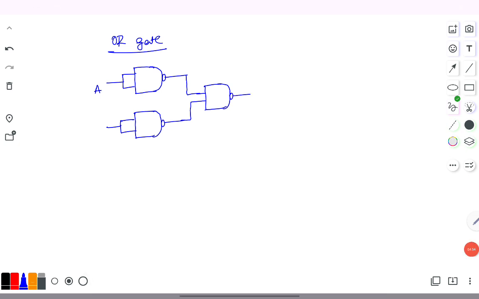A B, pin number 1 2 3 4, 5, 6, 9, 10. In examination, if you don't put the pin number also, that's fine, no issues. Here see, this is A bar, this is B bar. Okay, next again Y is equal to A bar dot B bar, double bar.